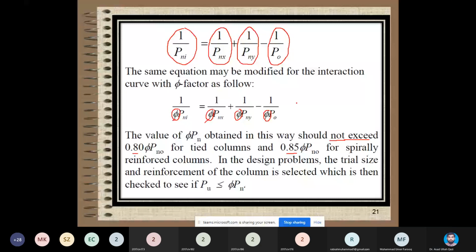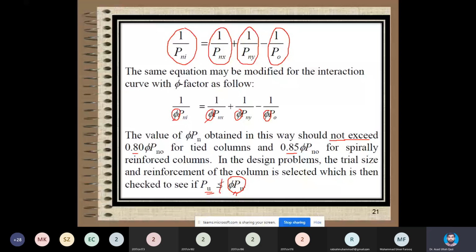If your resistance comes out to be greater than demand, you will say the column is safe. If your resistance comes out to be less than demand, you will have to repeat your analysis until you get either capacity equal to your demand or greater than that.